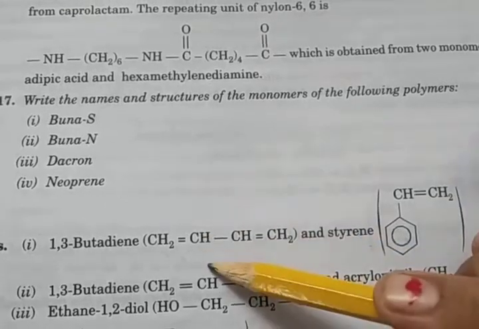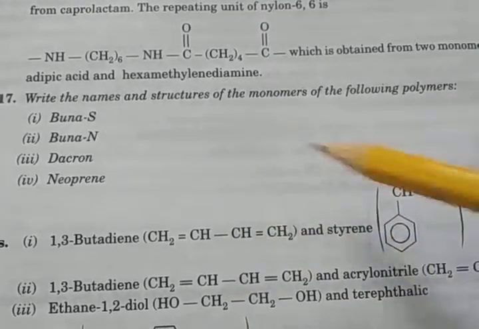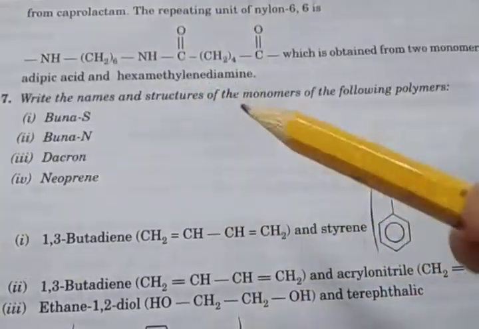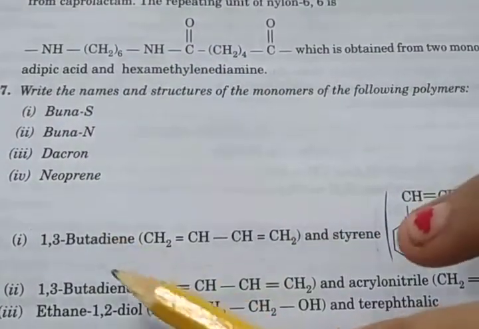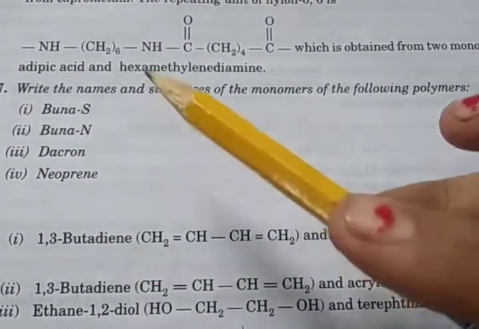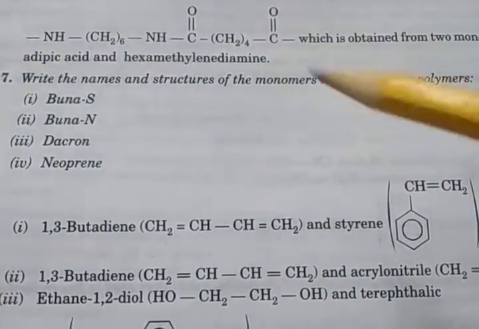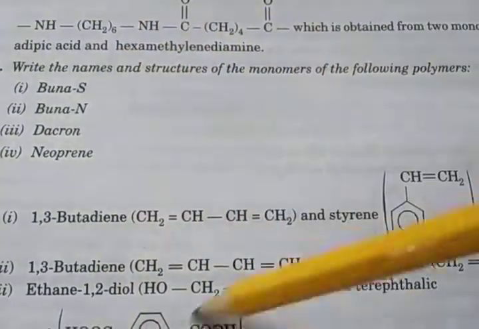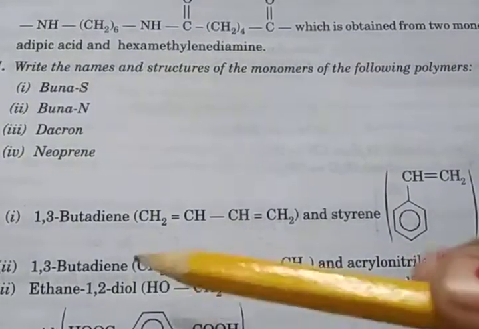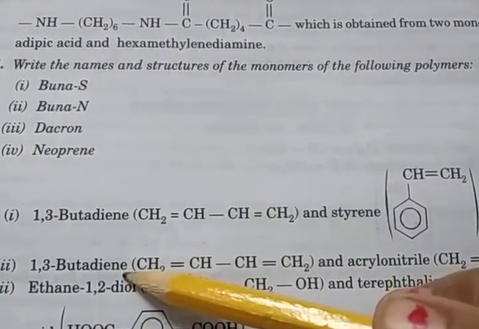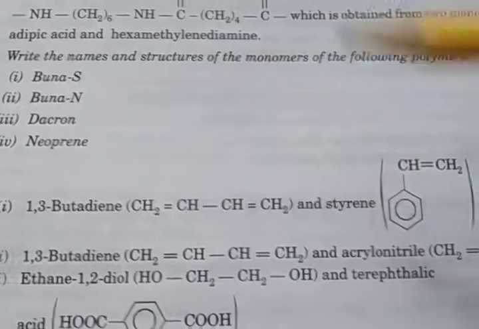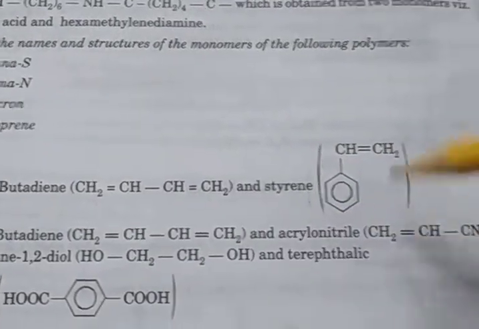So 1,3-butadiene reacts with styrene, and then which polymer is formed? Buna S. Buna is named on the basis of 1,3-butadiene and the capital S on the basis of styrene. Okay, then the second one is Buna N. Same as Buna S, one monomer unit is 1,3-butadiene and the capital N means acrylonitrile.